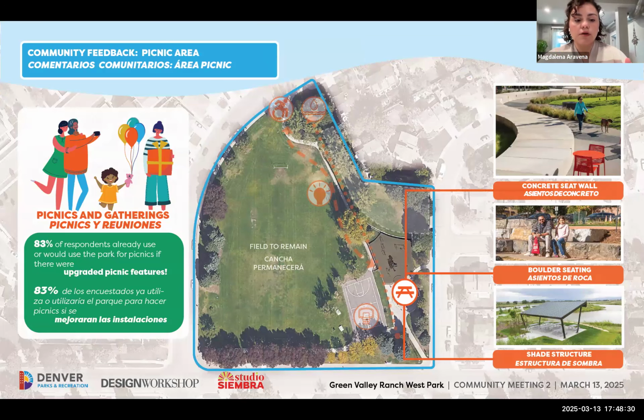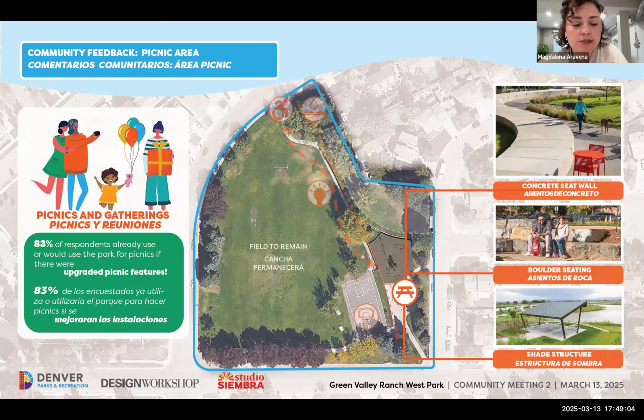Combining the survey and the public meeting, 83% of survey respondents said that they already use or would use the park for picnics if there were upgraded picnic features, which is really important in understanding what the priorities were for those specific features. In the public meeting, we were then able to ask some pointed questions about those picnic features.